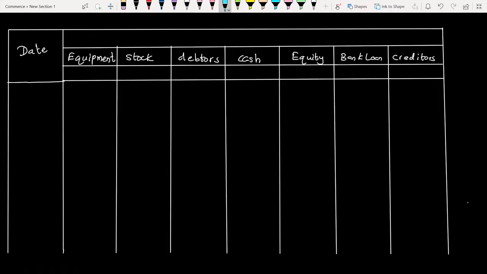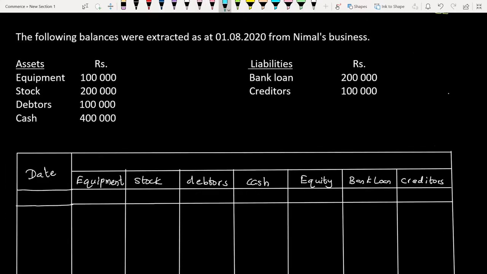Now let's include all the opening balances. Here you can label as opening balances. Now we are going to enter each opening balance. What is the opening balance of equipment?